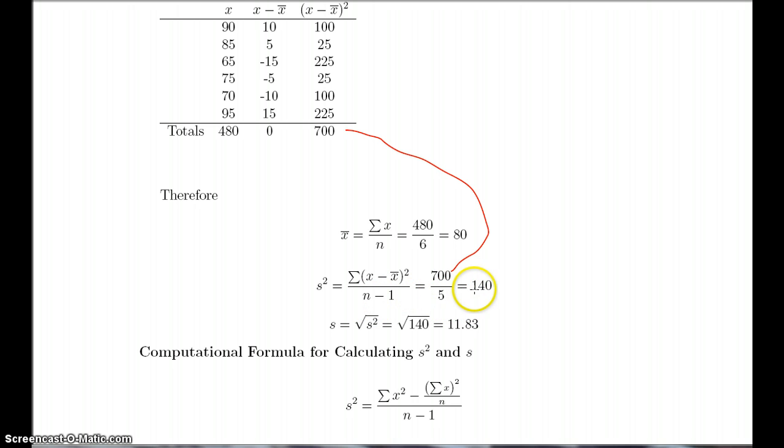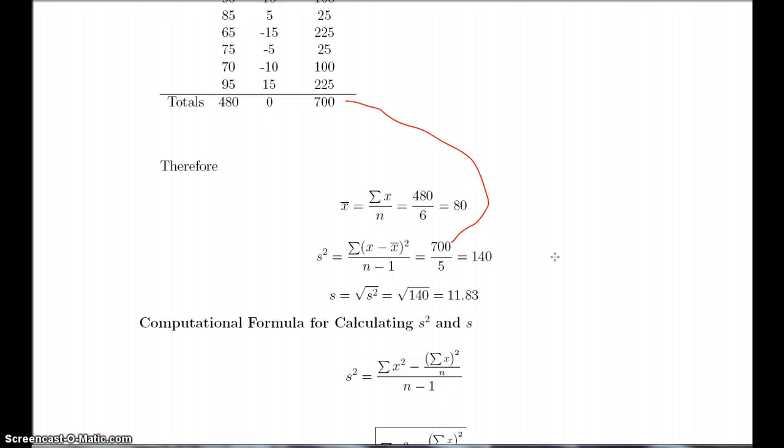This gives me 140, which is way bigger than the 10 I had before with the mean absolute deviation. So if I take the square root of the sample variance, the square root of 140, I get 11.83, which is comparable to what we had before in the sample mean absolute deviation. Okay, so that's the idea of this.